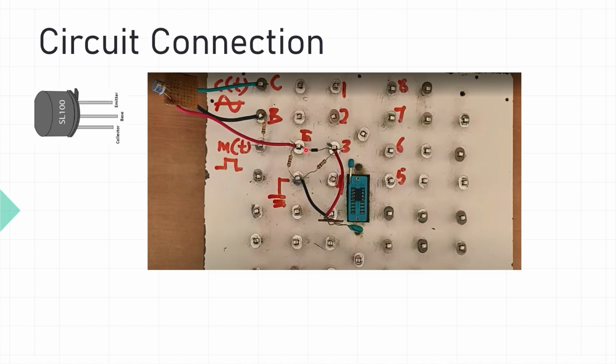Connect emitter of the transistor here and connect 1K resistor. Consider this as your common ground. This is where you are going to get ASK output when you turn on the signal generator. You apply carrier signal here and message signal here.